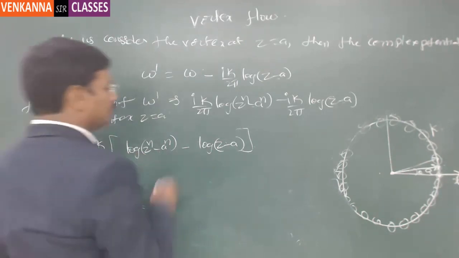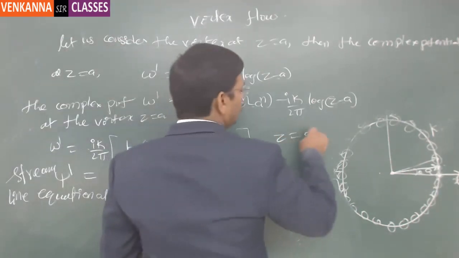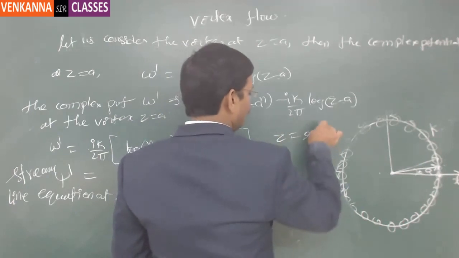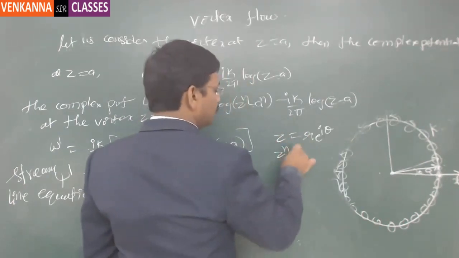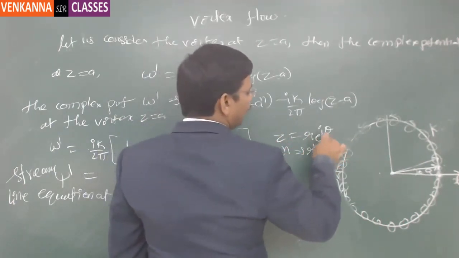To find this one, z you can treat as r e power i theta. Then z power n is equal to r power n e power i n theta.